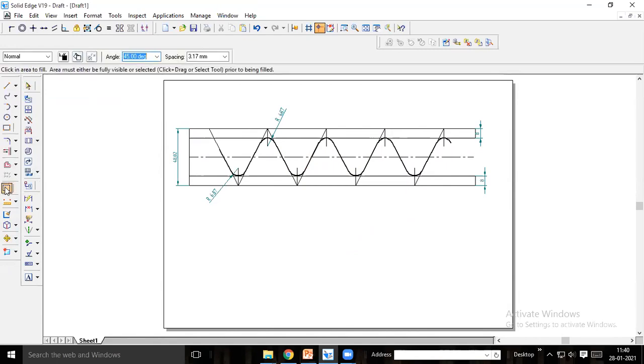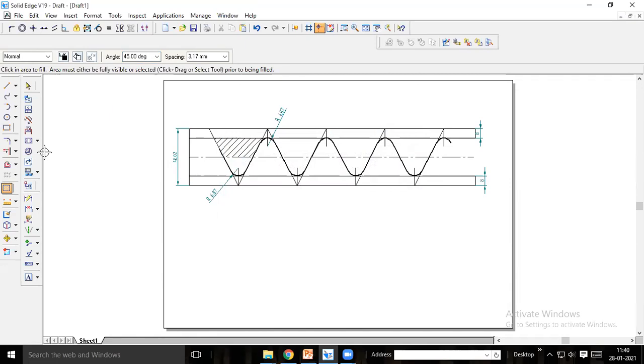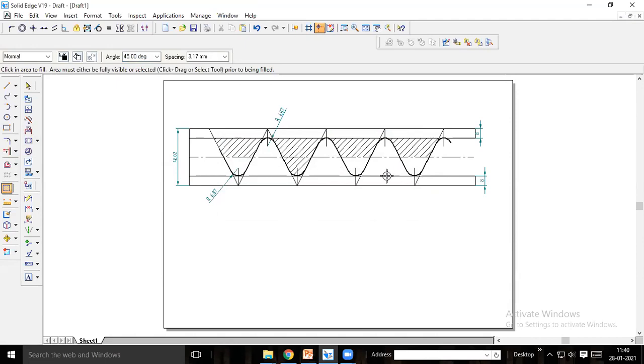Because it is internal thread, fill this. Like this you have to fill. Is it clear? Yes, sir.